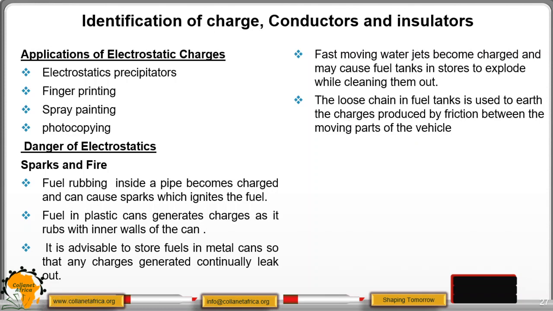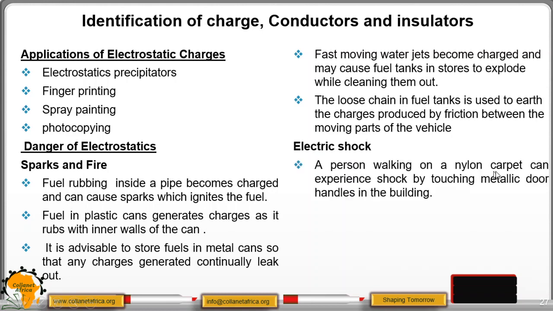These static charges can cause sparks, which in turn can cause an explosion. That is why we have the loose chains in fuel tanks. These loose chains allow those charges to flow away, and that will prevent the fuel from exploding. Then we have electric shock.